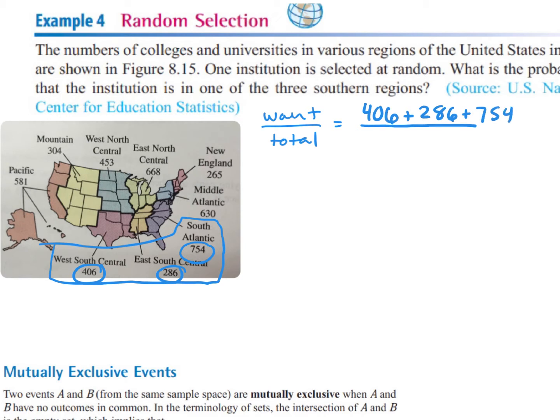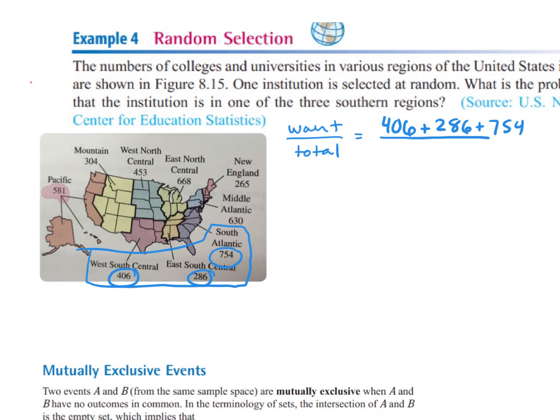What's going to go on the bottom of our fraction? What's the total? All of the regions added together: 581, 304, 453, 668, 265, 630, 754, 286, and 406. So we add all of these up, and that is our denominator.